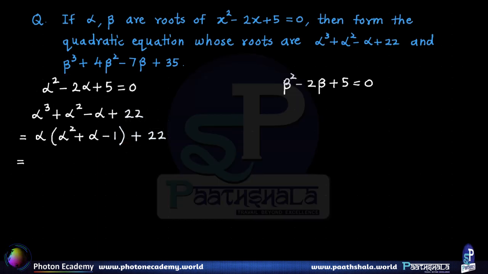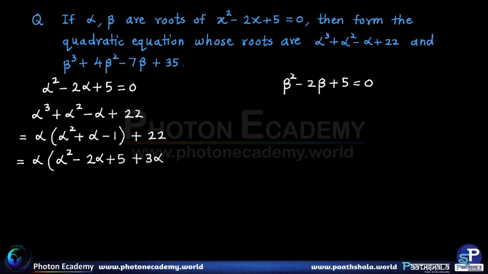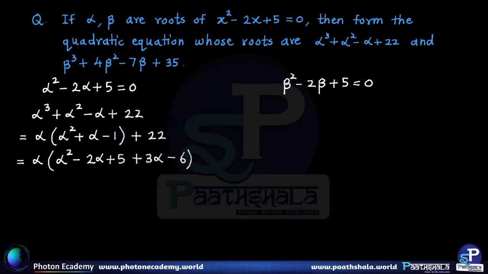So therefore let us first write the required quadratic expression, that is alpha square minus 2 alpha plus 5. Now since here it is plus alpha, we must add 3 alpha to keep the original expression, and since it is minus 1 here, and since here we have written 5, that means we must subtract 6 to adjust it, plus 22.